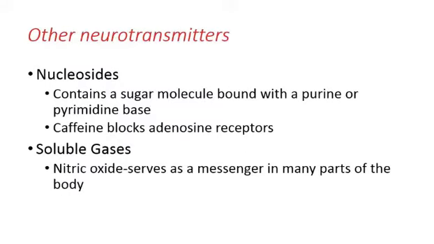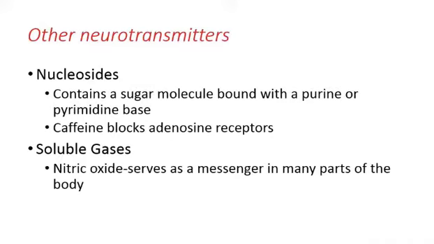Other neurotransmitters exist as well. Nucleosides, which contain a sugar molecule bound with a purine or a pyrimidine base. Caffeine, in addition to being a phosphodiesterase inhibitor, blocks adenosine receptors to produce part of its action on wakefulness.